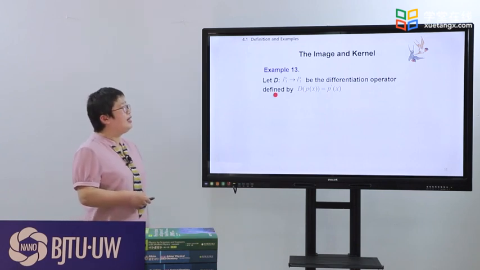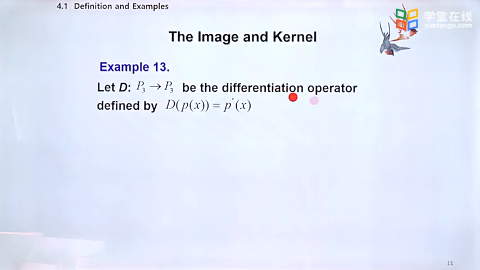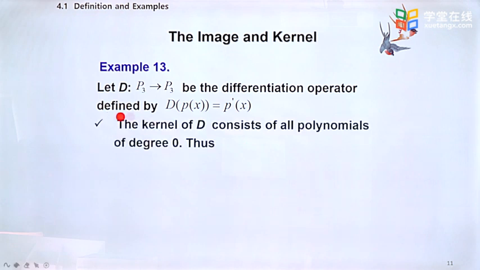Example 13. Let D from P3 to P3 be the differentiation operator defined in this way. D acting on P(x) equals the first order derivative of P(x). The kernel of this operator consists of all polynomials of degree 0, right?